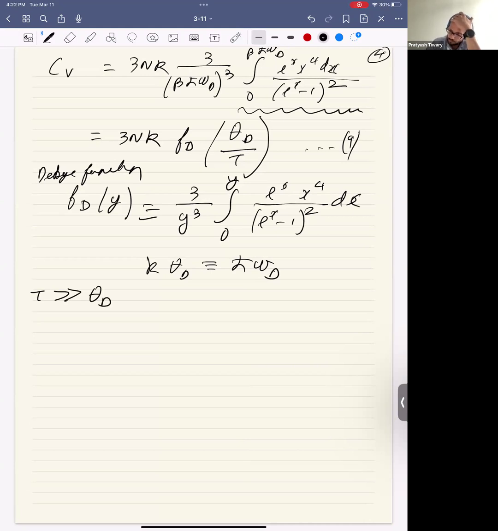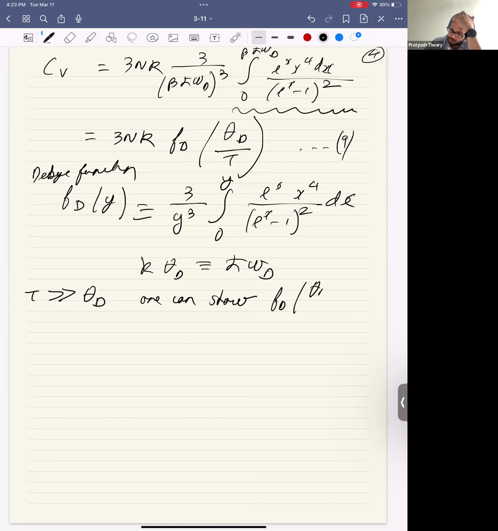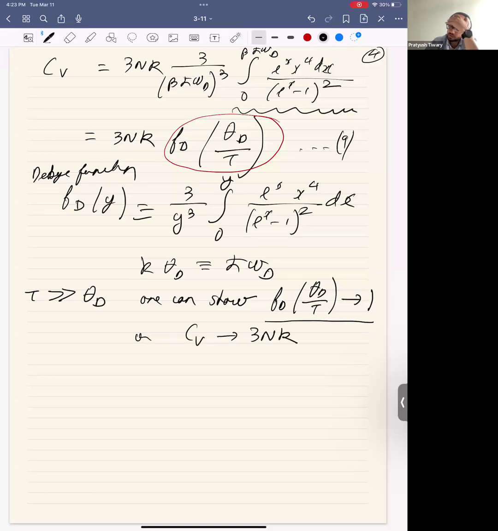In this limit, you can show that, and I'm leaving the algebra here, this will be a homework problem in homework 3. So you can finish through all the steps here and make sure it's okay. It won't be hard. So one can show that FD of theta d by T tends to 1. Which means in this expression for CV, this term tends to 1, or CV tends to 3nk. So we recover the classical harmonic oscillator limit as temperature tends to much higher values.